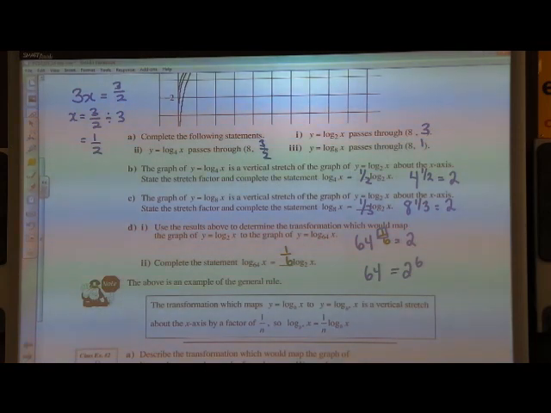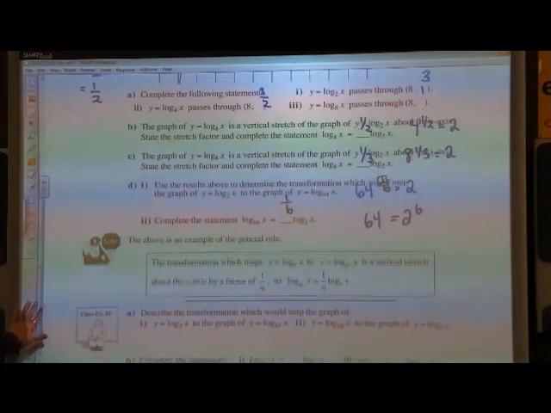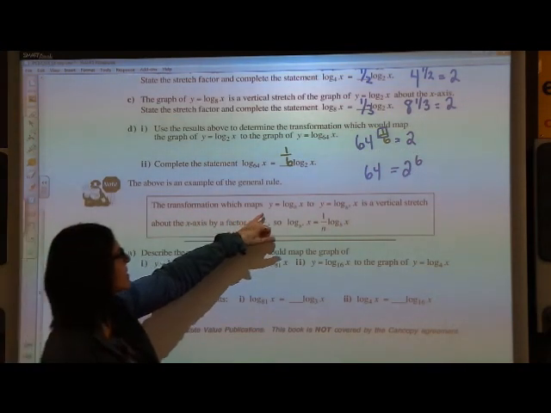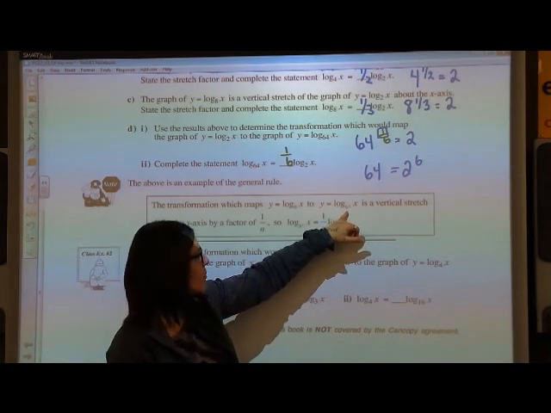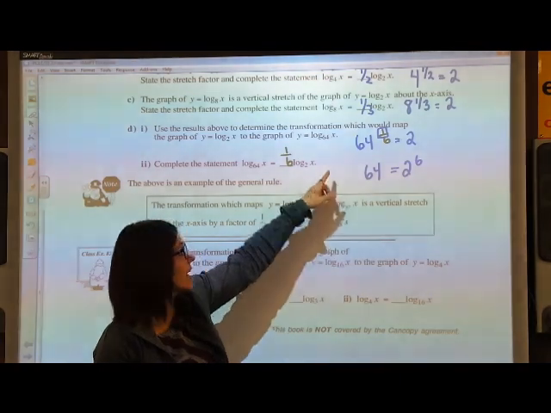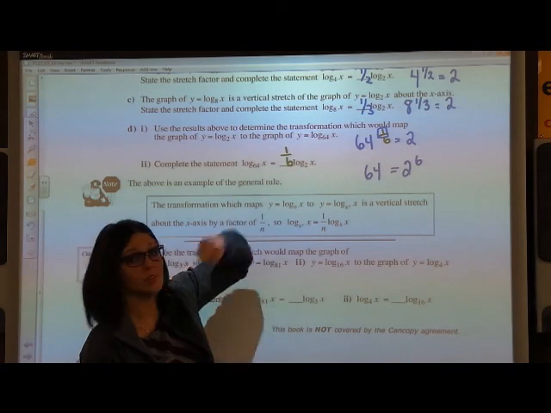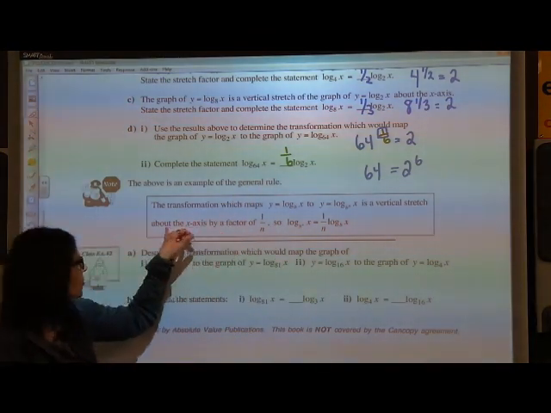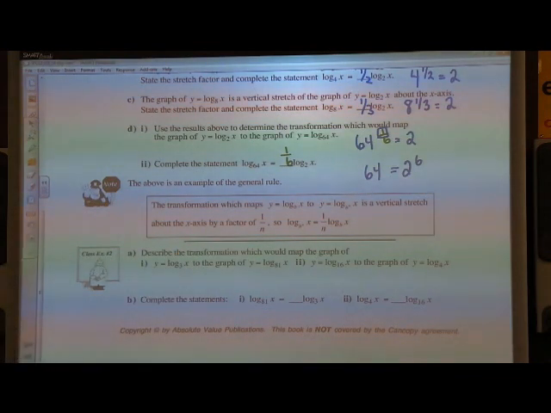So if we look at the note or the general rule, it says the transformation which maps y equals log base b of x to y equals log base b to the power of n of x, so if we think 64 is 2 to the power of 6, up above 8 was 2 to the power of 3, 4 was 2 to the power of 2, is a vertical stretch about the x-axis by a factor of 1 over n.